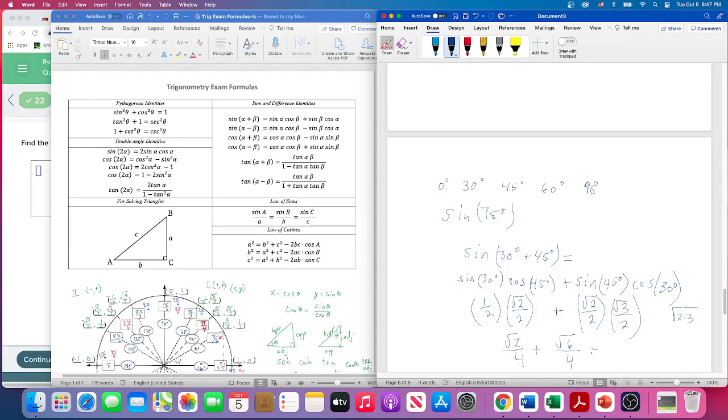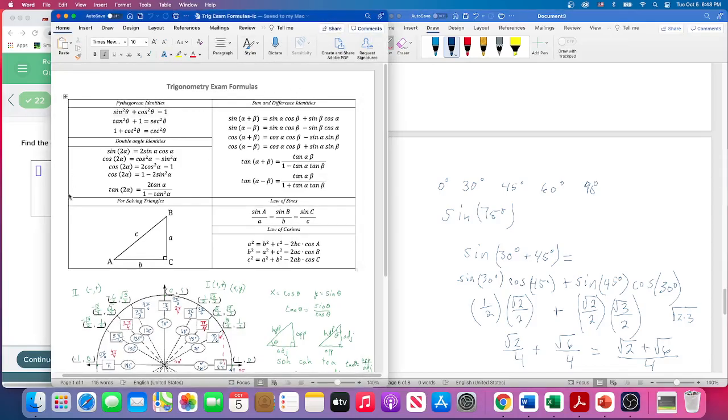They already have the common denominator, but you can't add square root of 2 and square root of 6 except like this, all over 4. So we can list it this way. I guess you could probably list it that way, but that's the exact value.